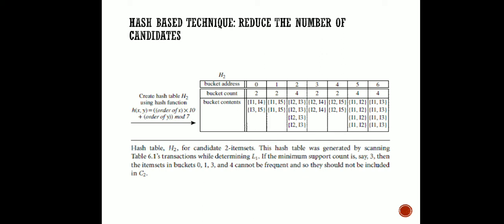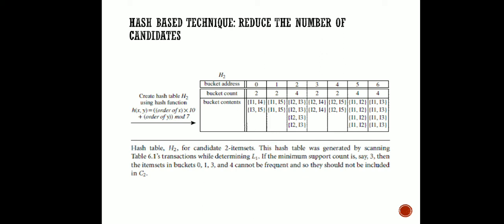This has been done by scanning the transactions, with the minimum count set as 3, and by the process of counting the bucket count. The hash function is: order of x multiplied by 10 plus order of y, mod 7.